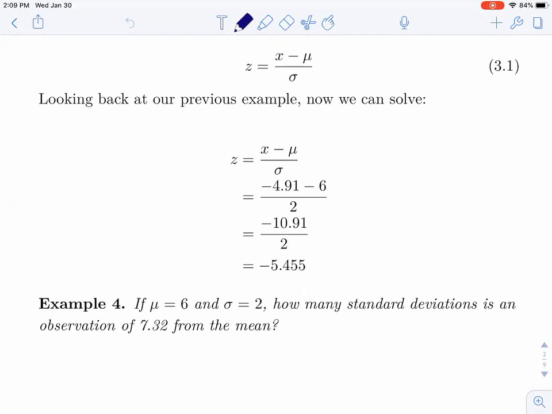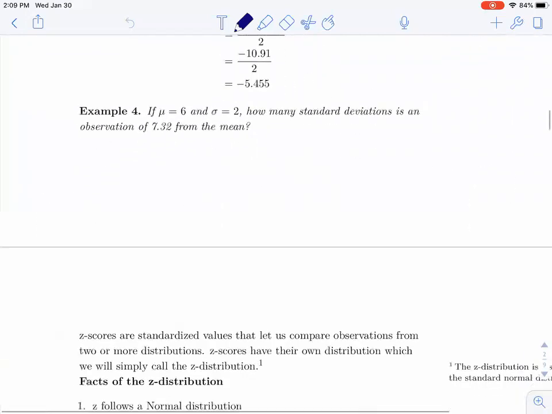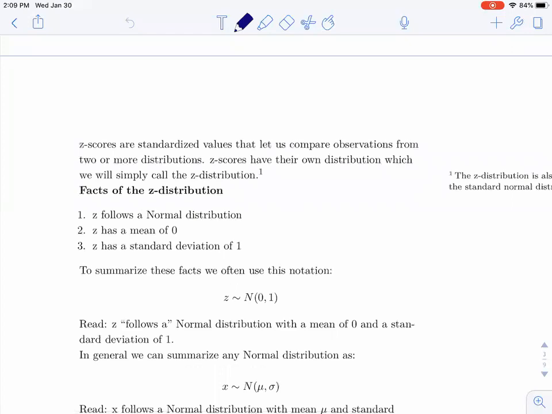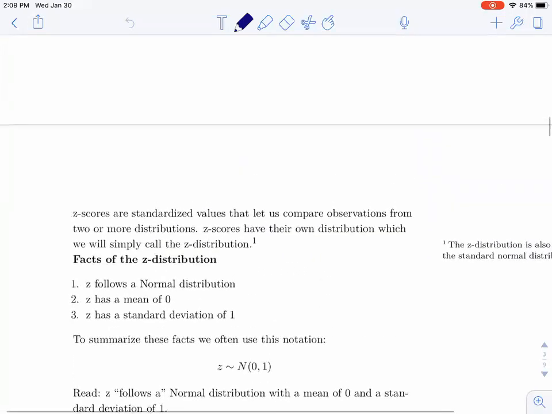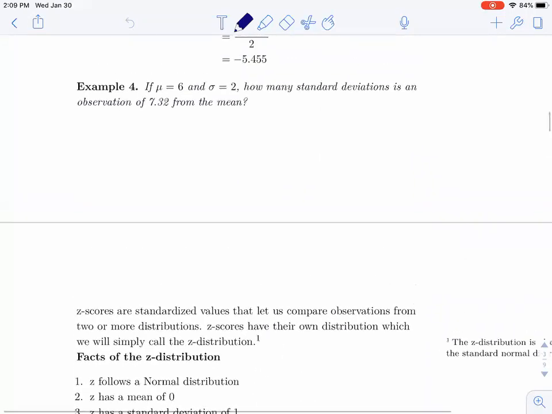So a negative Z just means that it's below the mean, and a positive Z means it's above the mean. So all those are on here. I'm not going to do example 4. You can try it on your own because we'll do more examples of it in a little bit here.